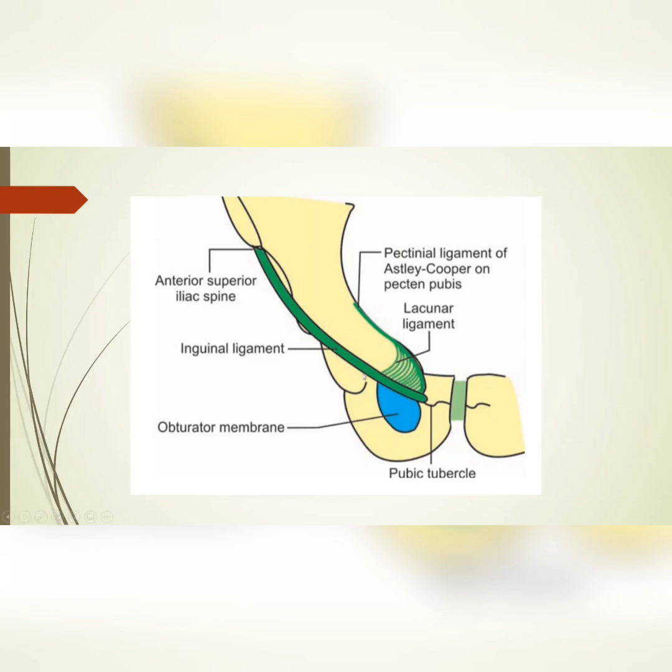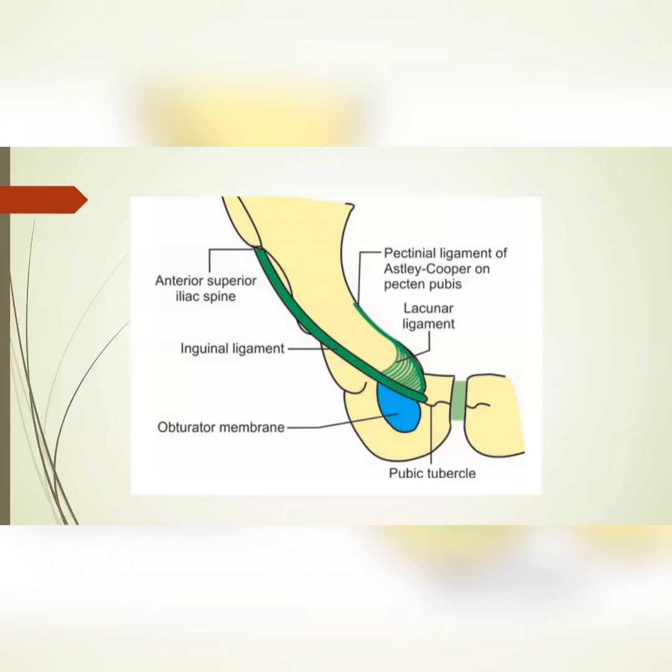This is the extent of the inguinal ligament. It is actually formed by the thickening of the inferior border of the external oblique aponeurosis. What are the attachments of the inguinal ligament? Yes, anterior superior iliac spine and pubic tubercle. Good.